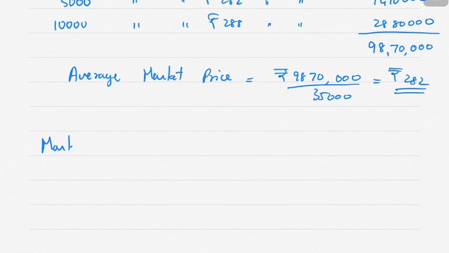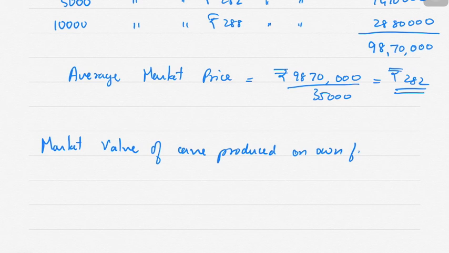Now you know the market value. So market value of cane produced on own farm, which is 6,000 into 282, comes to 16,92,000.